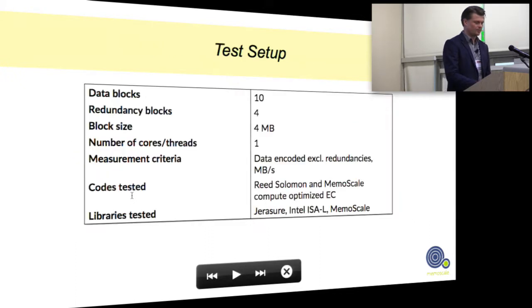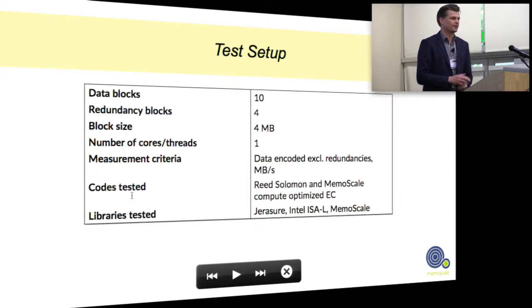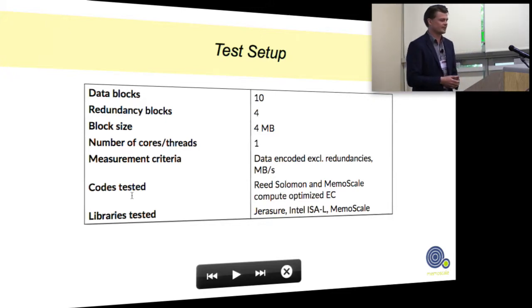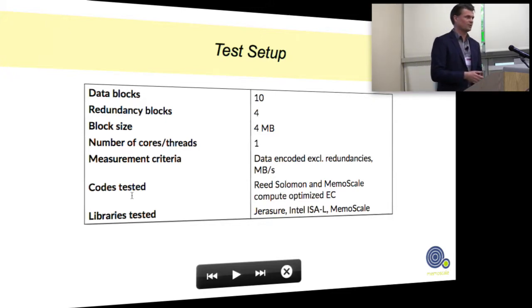So we have done some performance benchmarks and compared the performance of our library to 2 of the other ones on the market. One you have heard about earlier here, the Intel ISA library. And then also the Jerasure library. Both of those are very good libraries and are commonly used today. This is the test configuration: 10 data blocks, 4 redundancy blocks, and a block size of 4 megabytes.